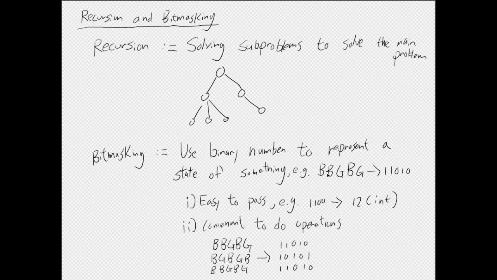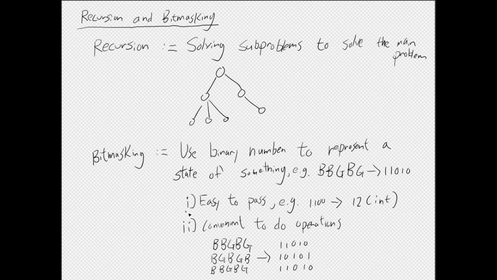Instead of using a string, we can use a binary number to represent it. Basically, if we have BBGG, then we can convert this into a binary number. 1 stands for boy, and 0 stands for girl, for example. So you might ask, why is it necessary for us to do something like this?